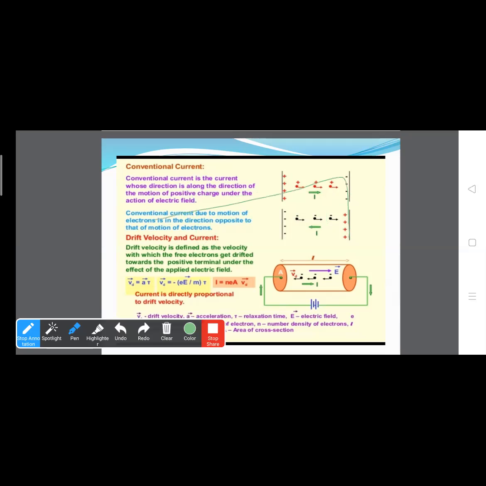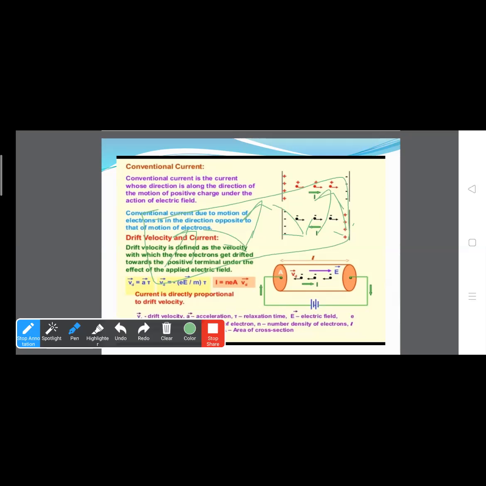Okay, electrons move in this direction and continue on curved paths between collisions, right? Due to this, each free electron describes a curved path between two successive collisions.